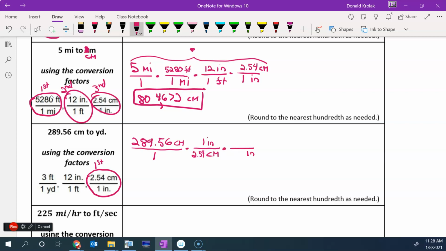I got to have inches in the denominator. Use this guy second and flip it. Feet in the denominator. So now use this guy and flip it.